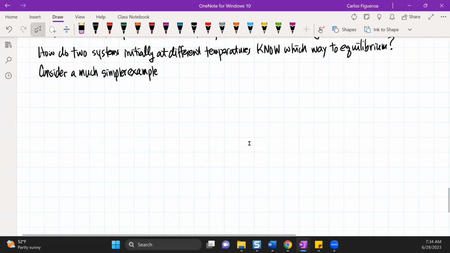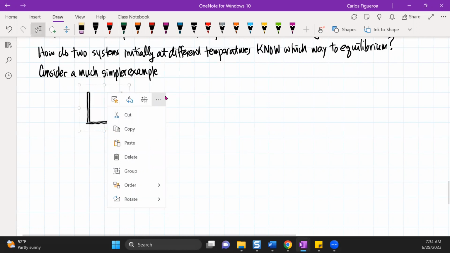What I'm going to have here is 2 containers of marbles. Let's say I have this container, and then I have the exact same container filled with green marbles.